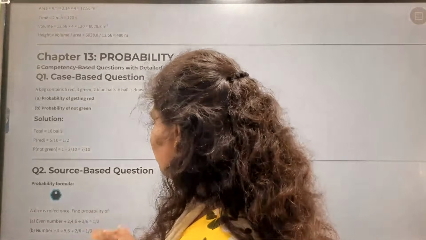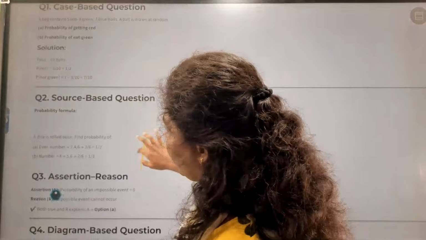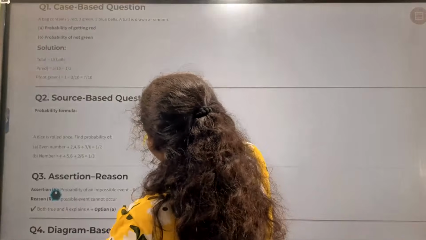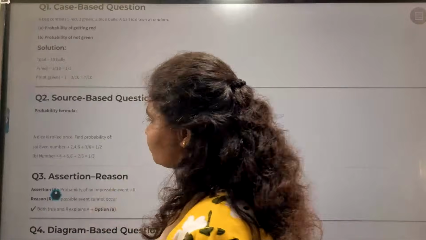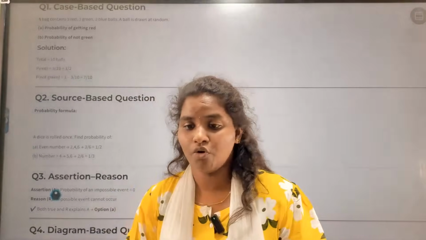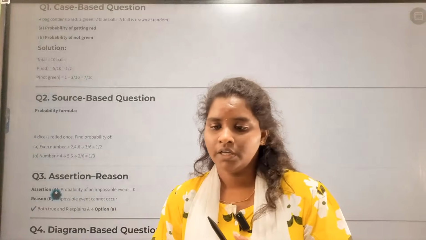Here the question is: a die is rolled once. What is the probability of getting an even number? Can you try?